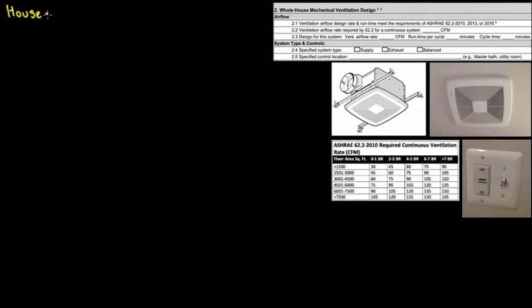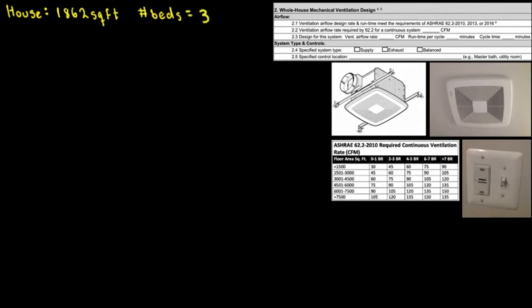And the house has 1862 square feet. And the number of bedrooms equals 3.